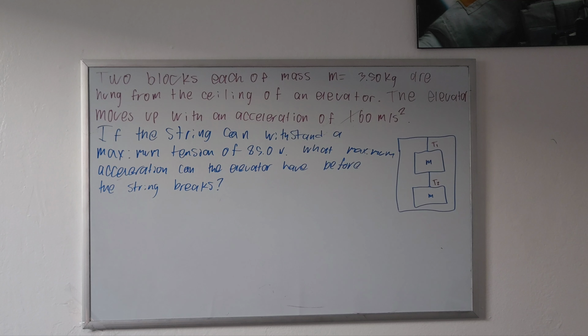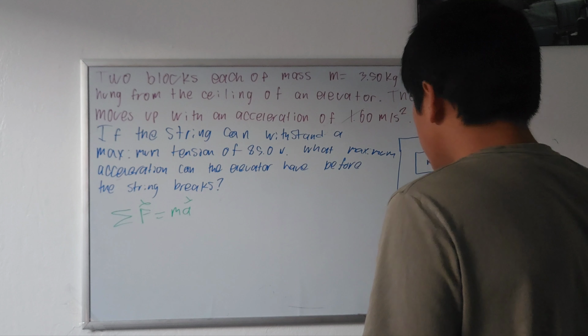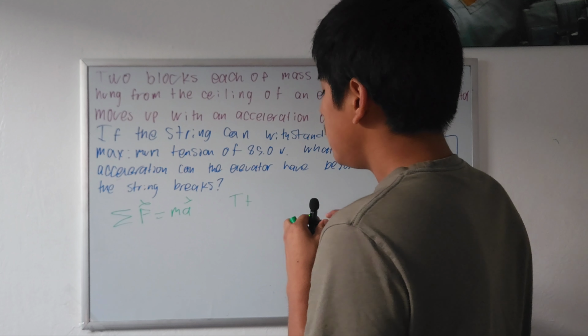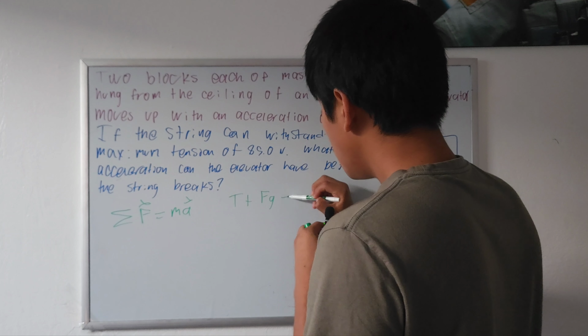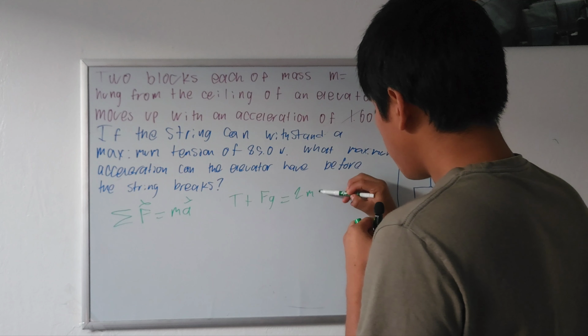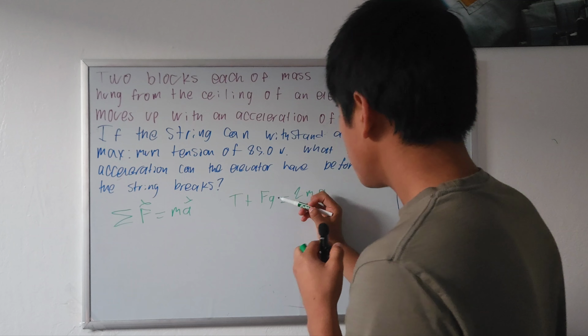So the way that we're going to do this one is almost exactly the same again. We're going to set up our Newton's second law. So we have the sum of all the forces is going to be equal to mass times the acceleration. Now, again, it's going to be the tension plus the force of gravity is going to be equal to 2ma, and then rewrite this Fg.